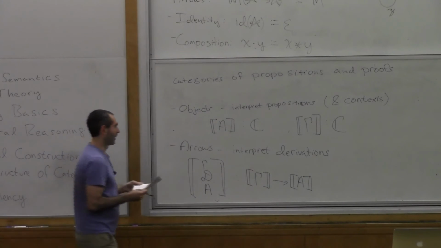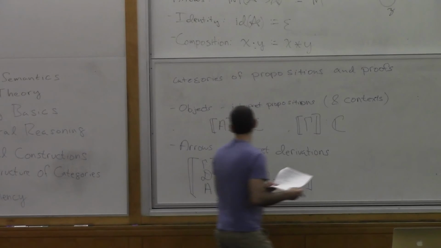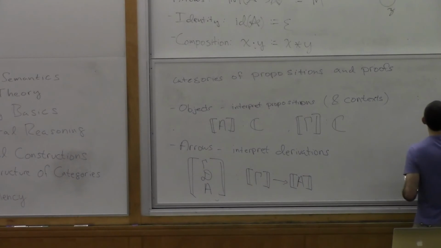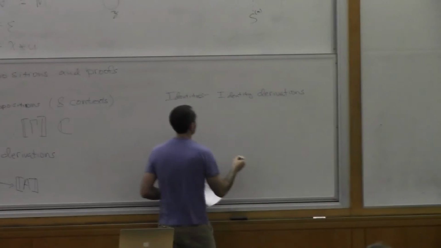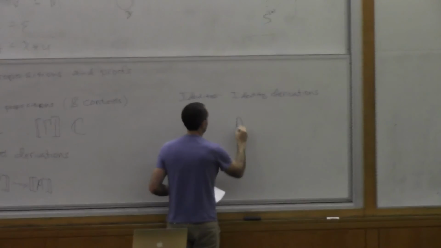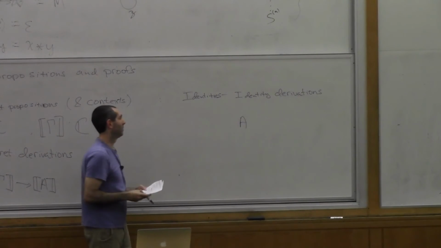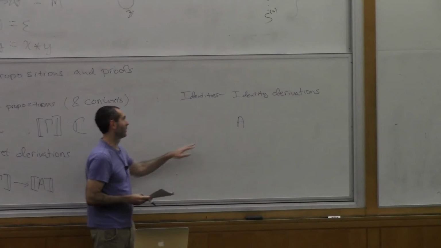Okay. Identities. These are going to be identity derivations. What are those? Well, say I have a proposition A, and now I perform no inference rules.